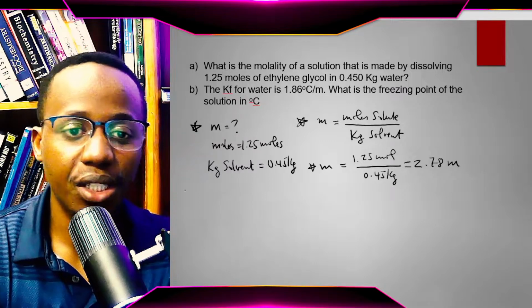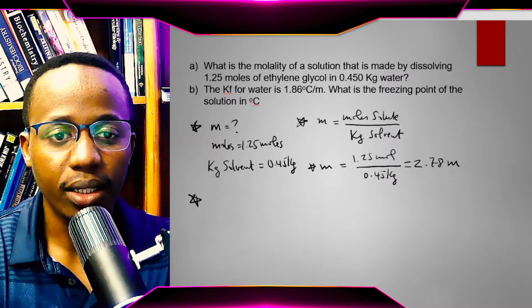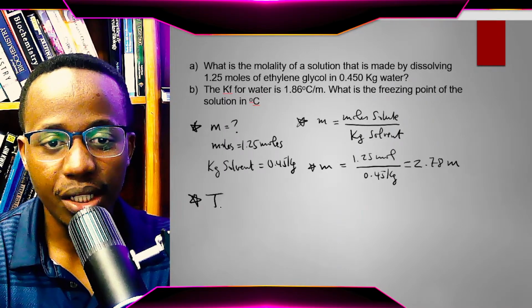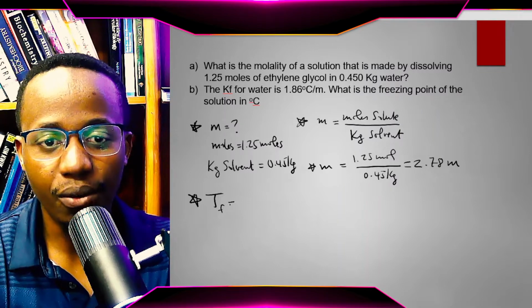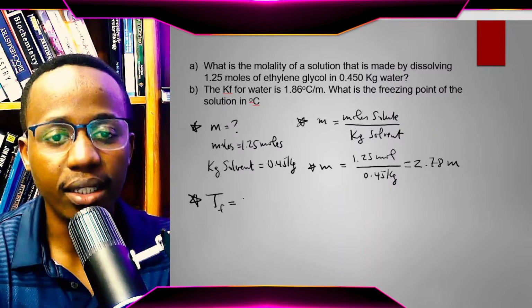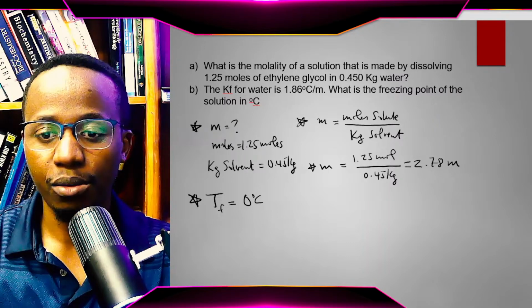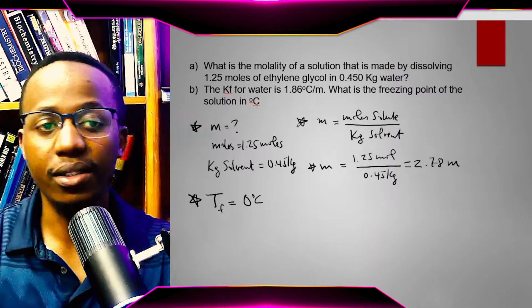The usual freezing point of water is what? The freezing point, or TF, of water is 0 degrees Celsius, remember, right? Water freezes at 0 degrees Celsius.